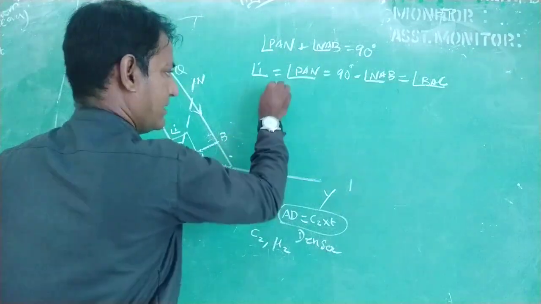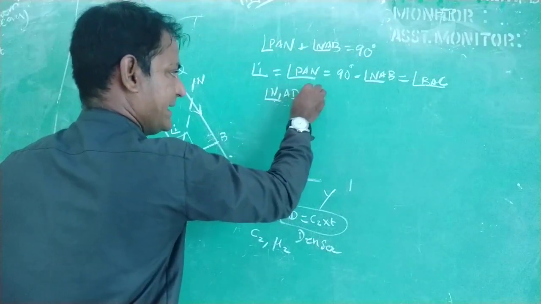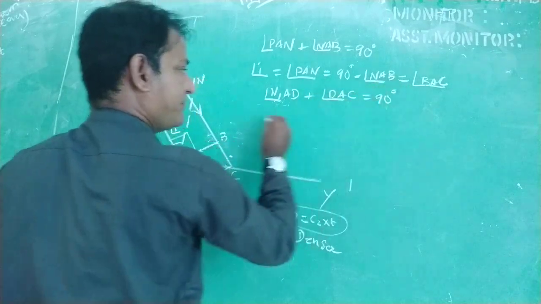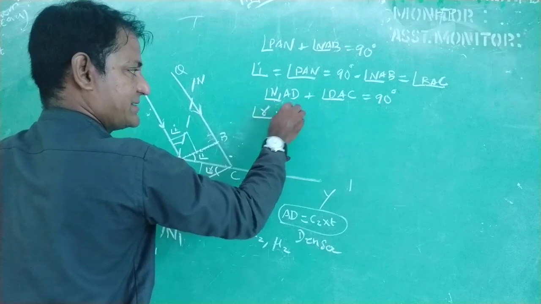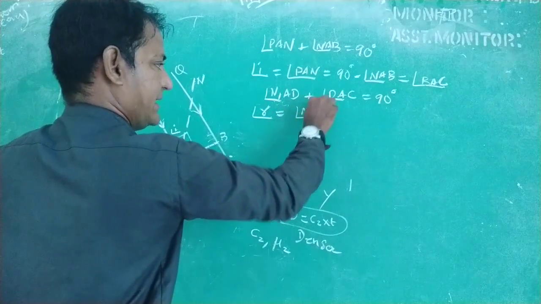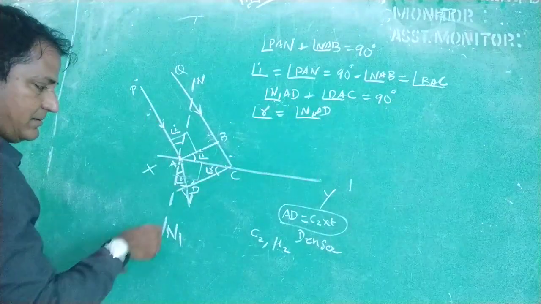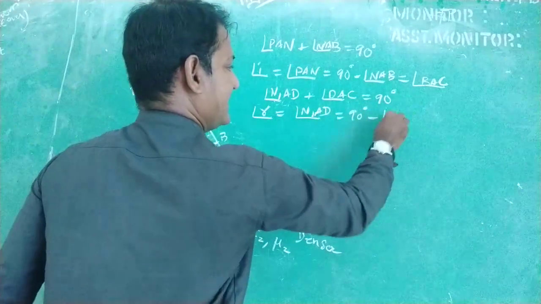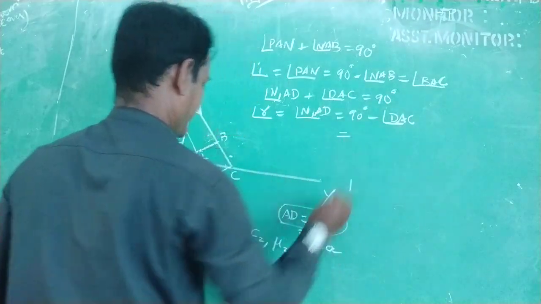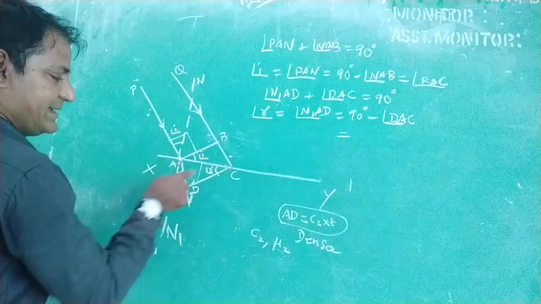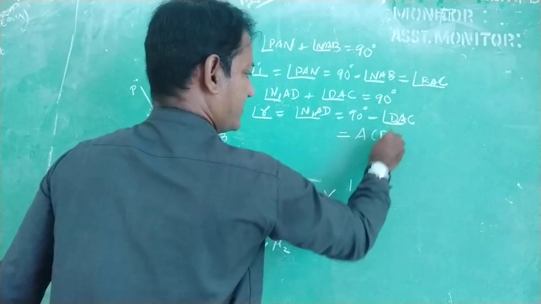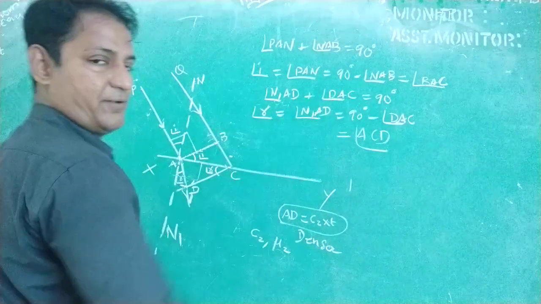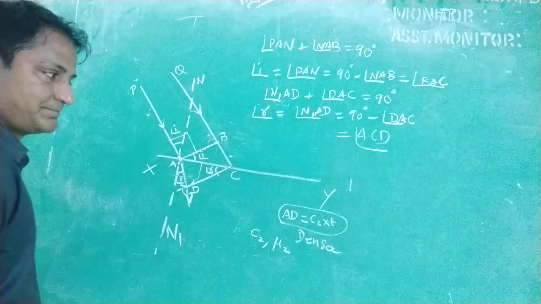So N1AD plus DAC is equal to 90 degrees, and the angle of refraction is equal to N1AD, that is this angle, which is also equal to 90 degrees minus angle DAC, which is also equal to ACD. So N1AD, DAC, ACD are all the angle of refraction.